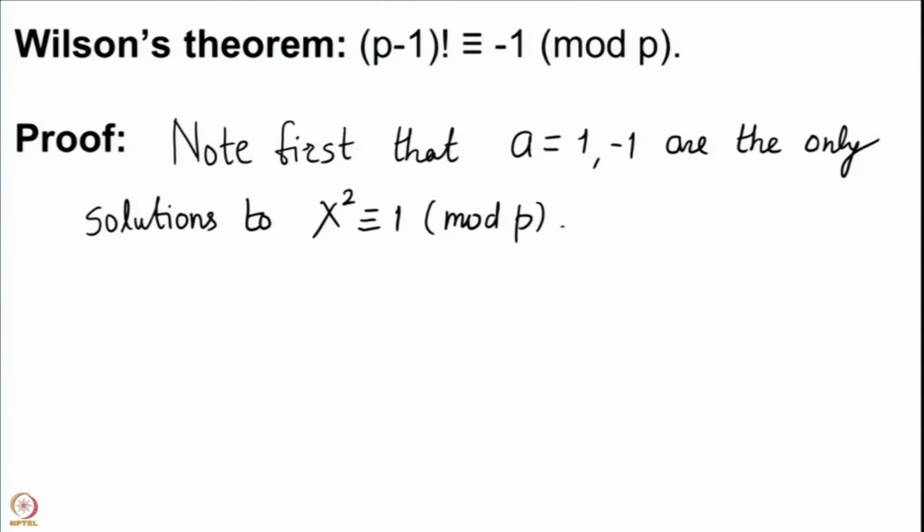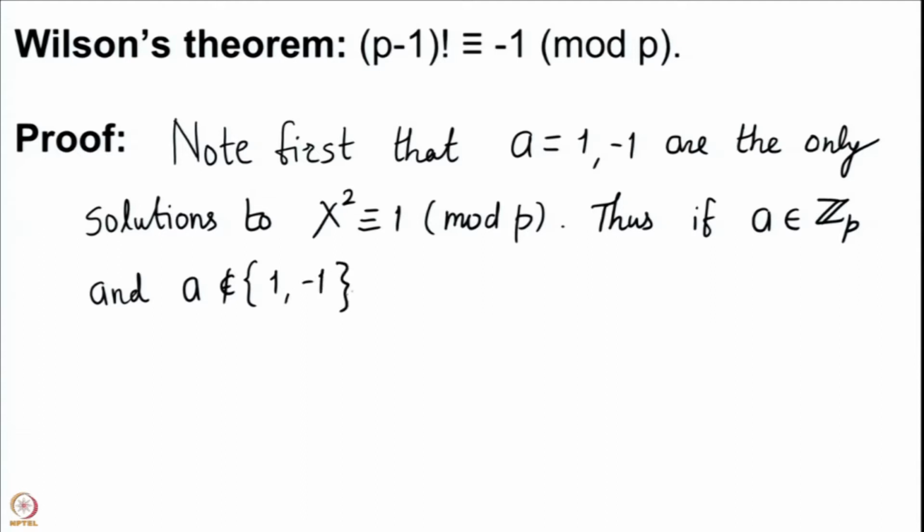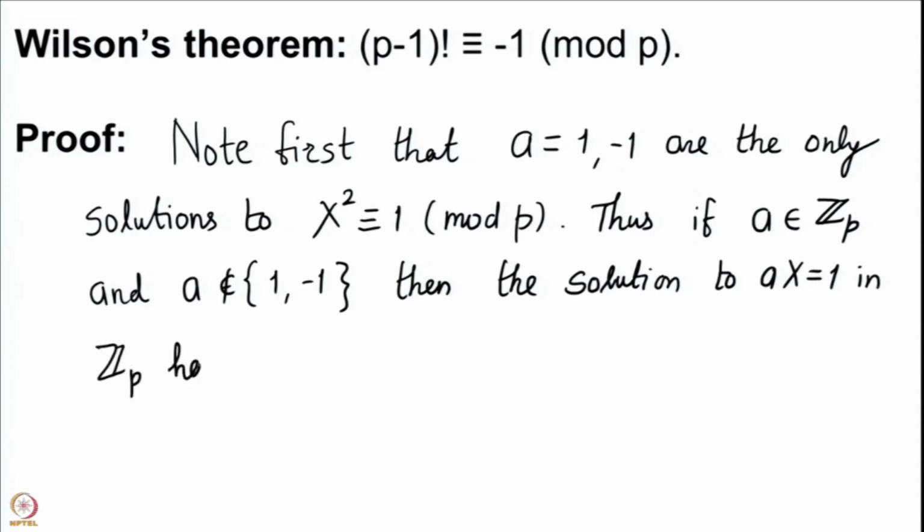What it means to say is the following. If you have a from this Z_p and you take a to be different from 1 and minus 1, then the solution to ax equal to 1 in Z_p is not equal to a.